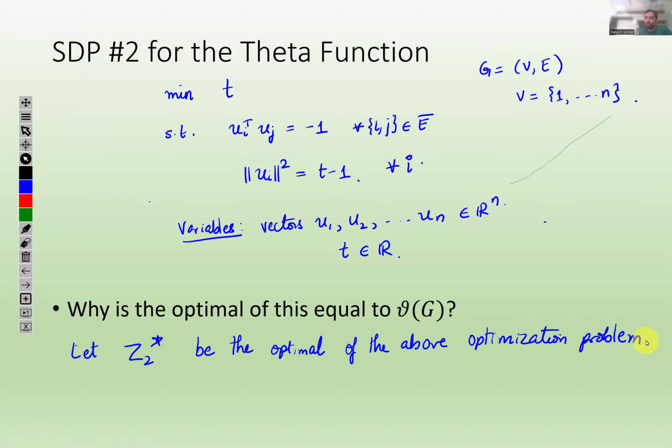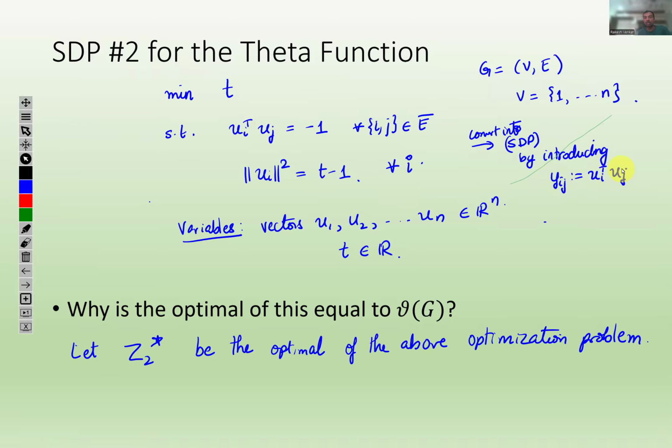We'll show this in two parts. One thing that I've not explicitly done again is told you why this is a semi-definite program, but looking at the previous example, it should be obvious. You can convert it into a semi-definite program, that is, matrix variables, by introducing Yij being ui transpose uj for all ij.